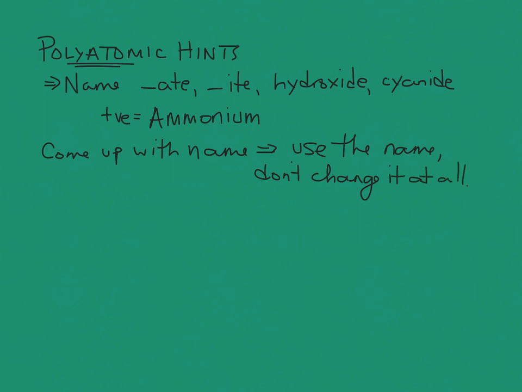Okay, so let's take a look at aluminum hydroxide. When I see that, I'm like, oh, hydroxide rings a bell. That's up here. Okay, so that's a polyatomic ion. Aluminum, I'm going to find in the periodic table, and it has a charge of 3 plus.